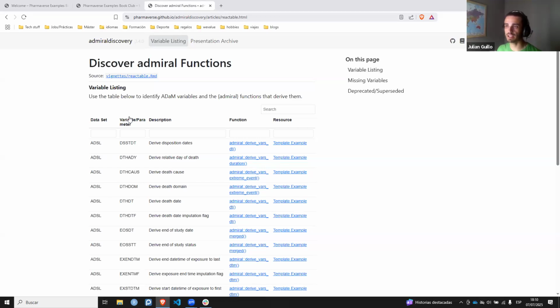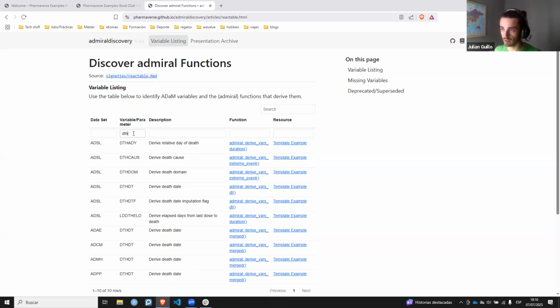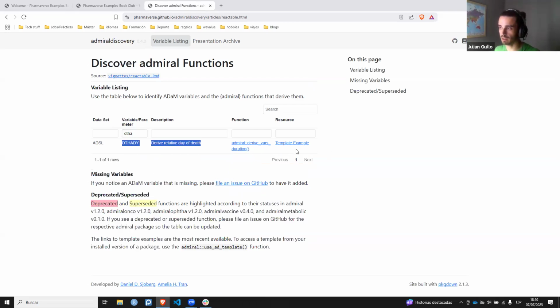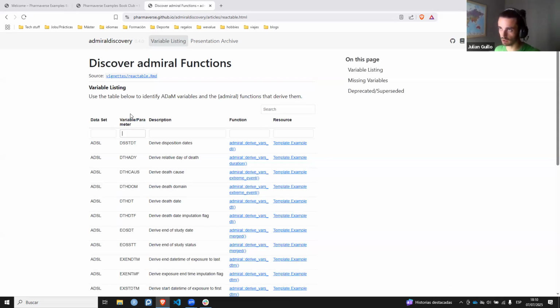And here you have all the possible ADaM data sets and all the possible variable or parameter names and the description and everything. And you can even look for it if you want. You can look for one of them and just take a look at this.